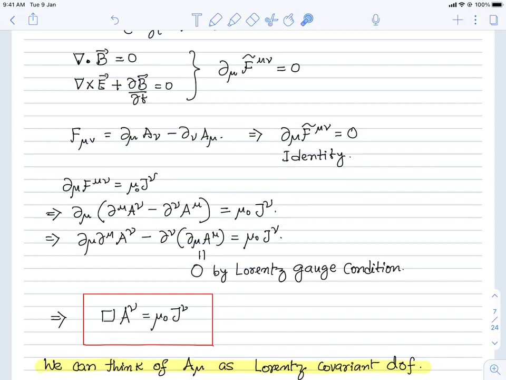Not only that, just like we saw for the scalar field, where the condition of Lorentz invariance restricted the Lagrangian density to a great extent, we can also ask whether the symmetries that electrodynamics should maintain can constrain the corresponding Lagrangian density.